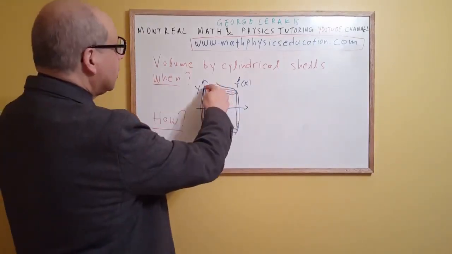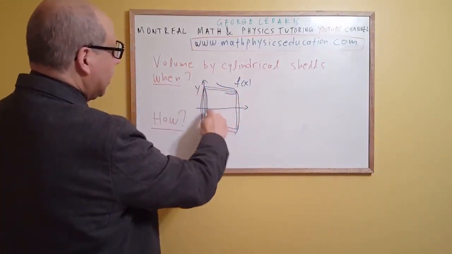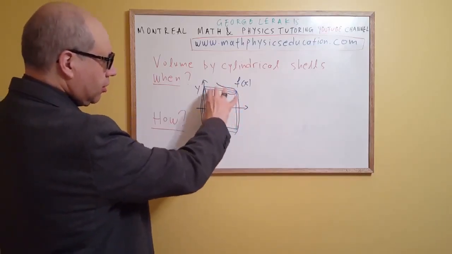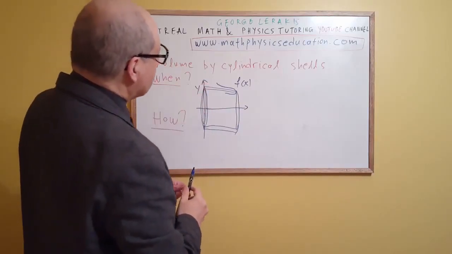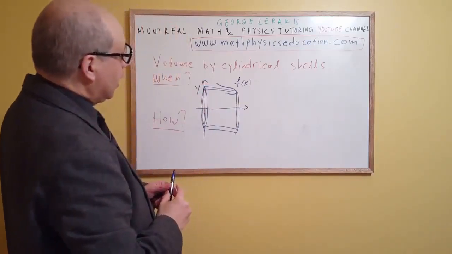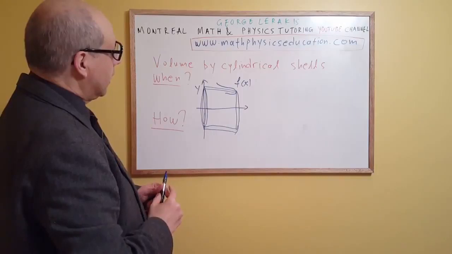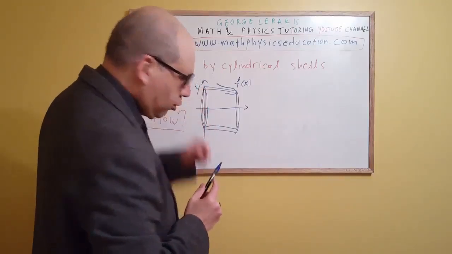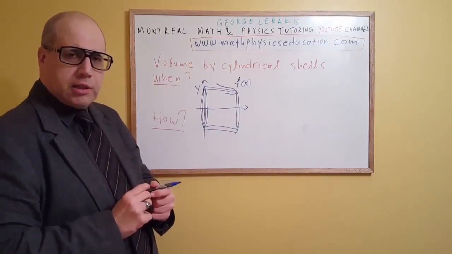When you rotate this around the x-axis, you get this cylindrical cell, which you can see here in 3 dimensions.